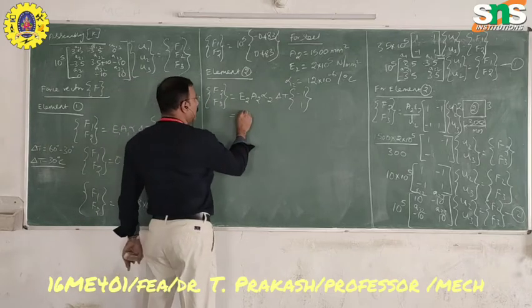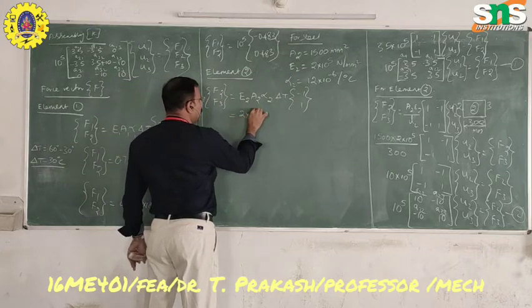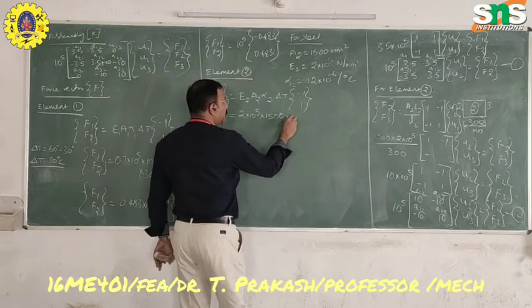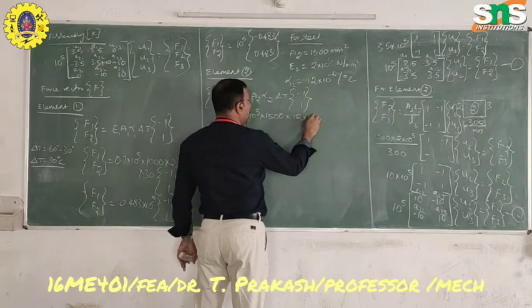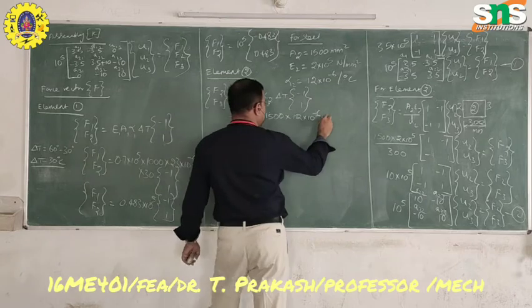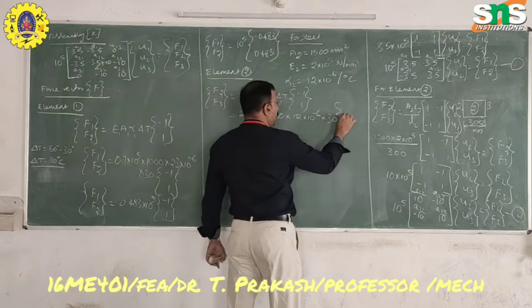You substitute the E value 2 into 10 power 5, area 1500, and alpha, the thermal coefficient, 20 into 10 power minus 6 per degree Celsius. Delta T, already calculated, is 30 degrees Celsius, times minus 1, 1.